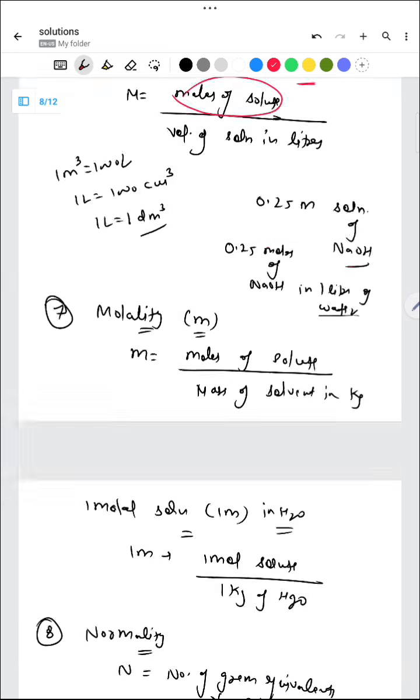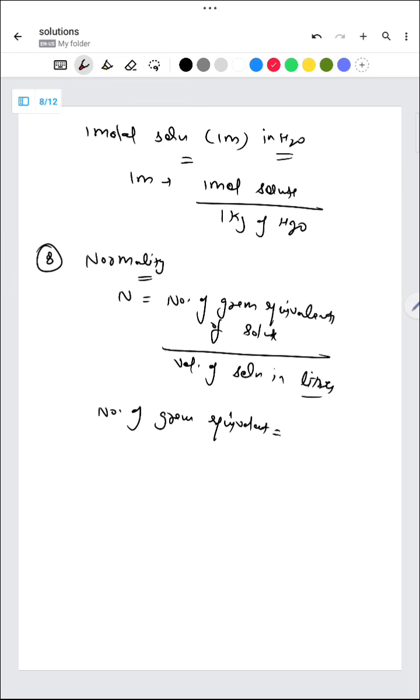Here, gram equivalent is the weight divided by the equivalent weight, W by E.